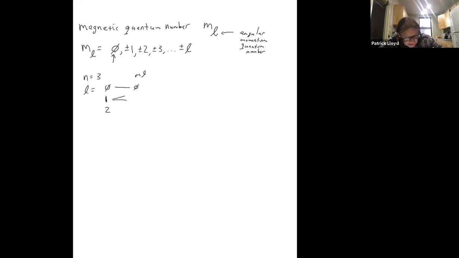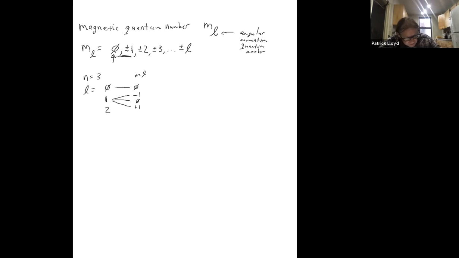You end up splitting it and you get 3 possible values. M sub L could be 0 or plus or minus 1. Plus or minus 1 is plus or minus L, so we stop right there. So it could be minus 1 or 0 or plus 1. Now you've got 3 possibilities.